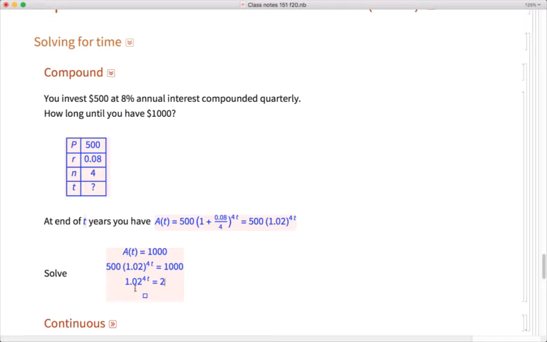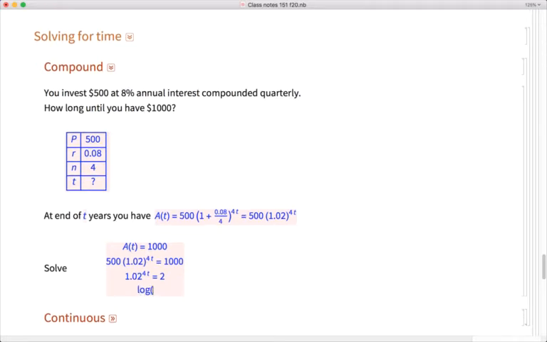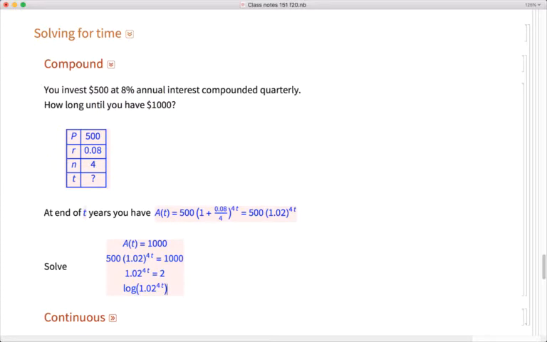So now this is completely by itself here. We got that constant 500 divided to the other side. And you might say, oh, I'll take log base 1.02 to get cancellation. But typically, again, we go to log base 10 or natural log when we do these problems.